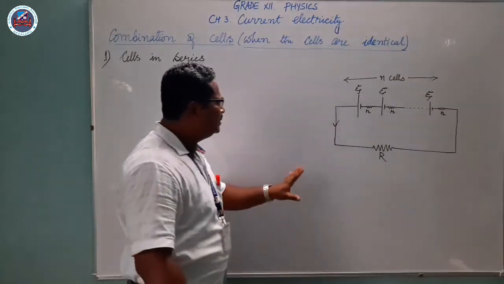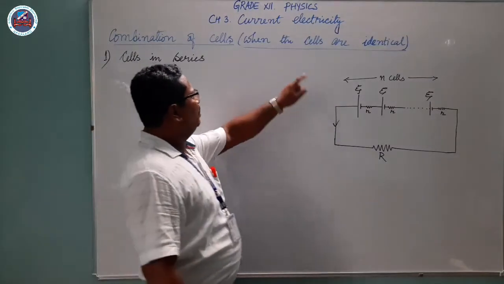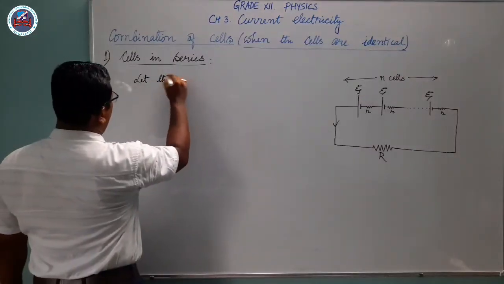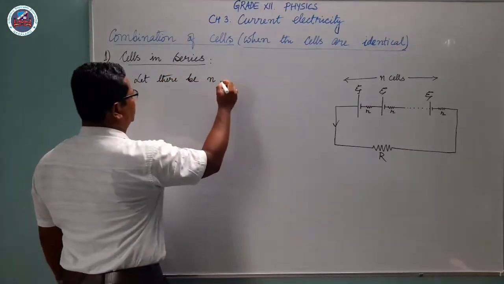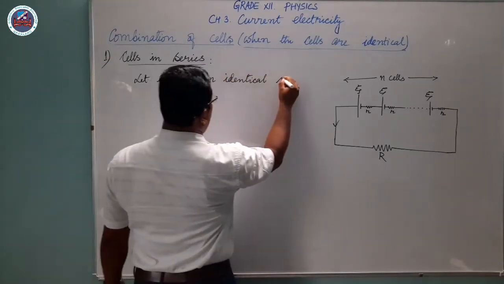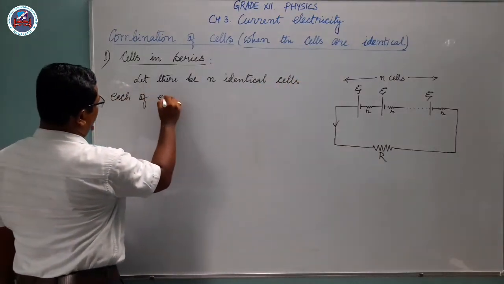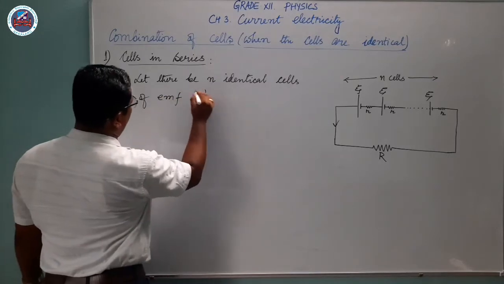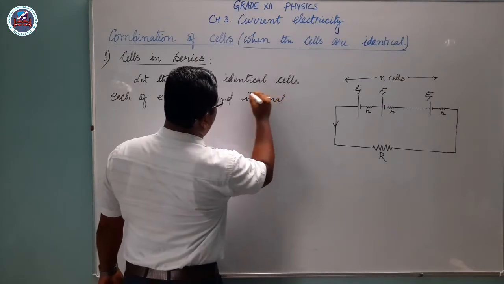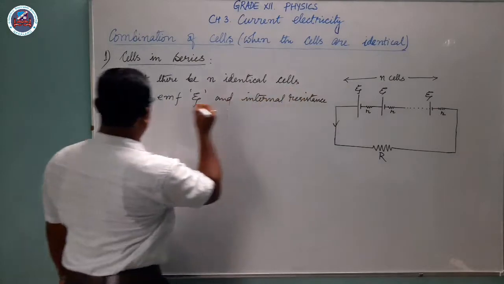Now you will be studying these cells in series in two phases. One is when the cells are identical: there will be n identical cells, each of EMF epsilon and internal resistance r.